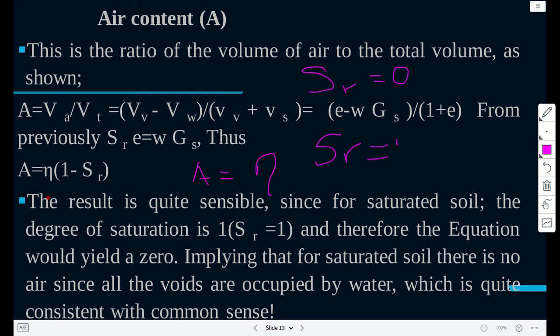So it means 1 minus 1, so air content is 0. Makes sense, right? Okay. Makes a lot of sense.